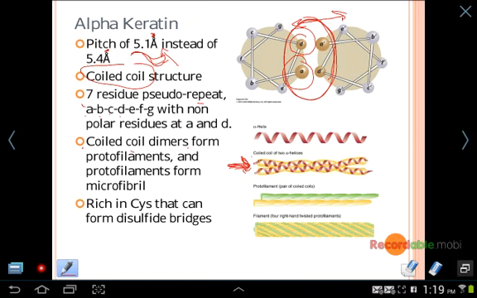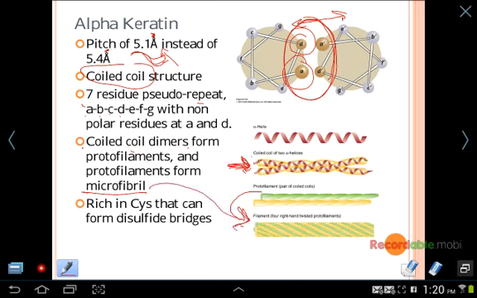Coil-coil dimers then will come together. So a pair of coil-coil dimers will form a protofilament. And then four protofilaments come together to form a filament or a microfibril. Okay, so that's the same thing.